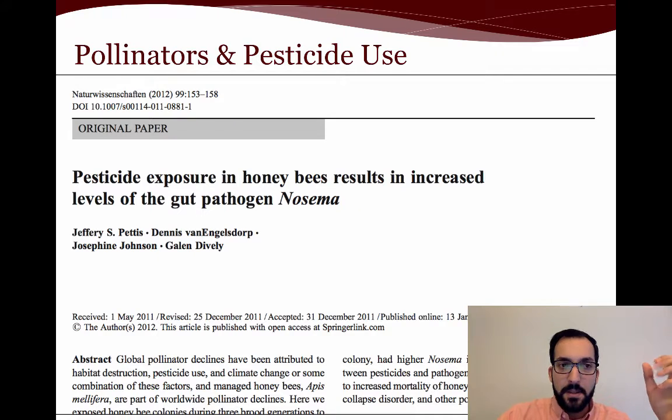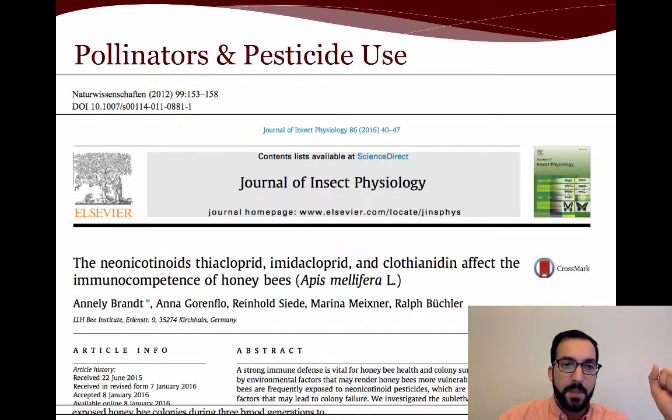And so what they've found is, depending on the pesticide, some of that exposure can result in some of the bad bacteria becoming more abundant. Again, these are some very highly sophisticated relationships between pesticide use and pollinators.